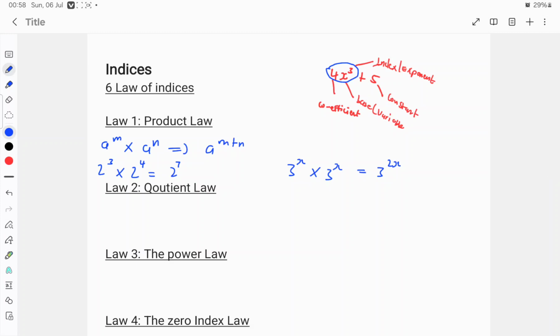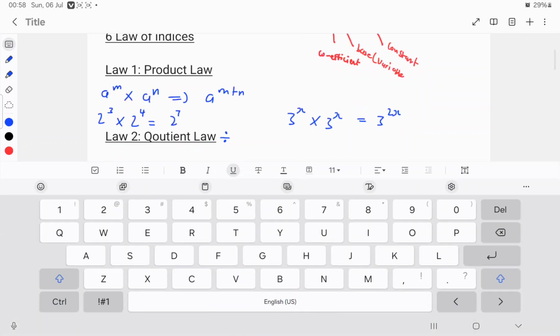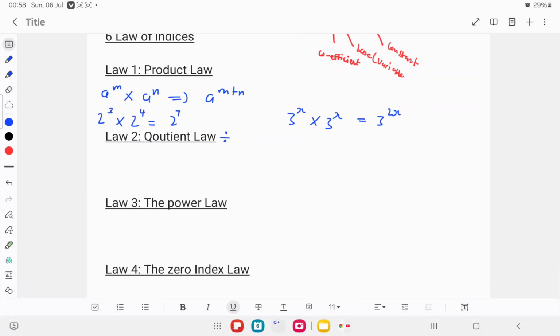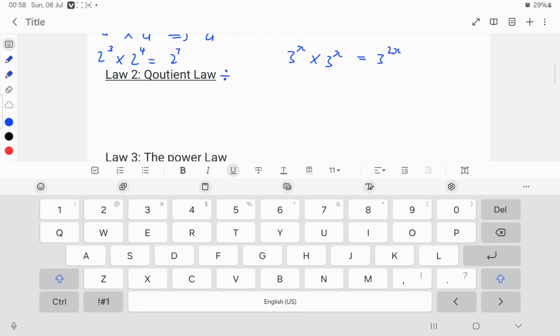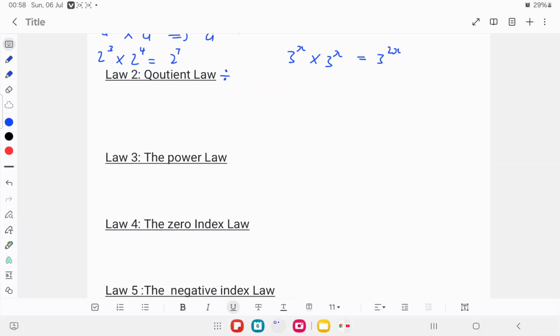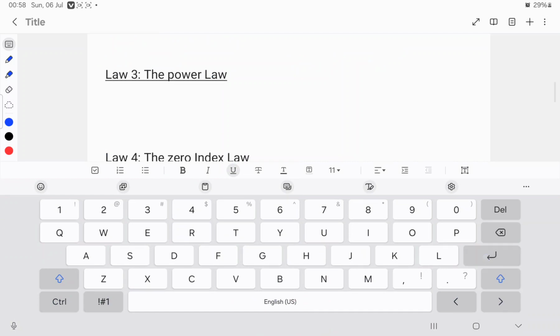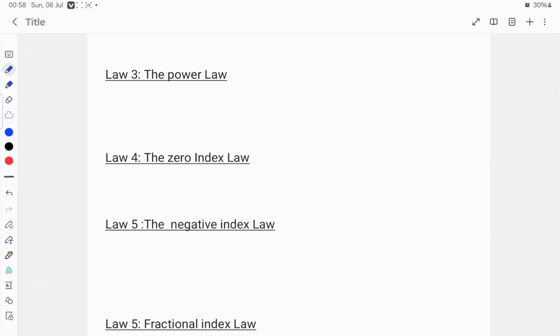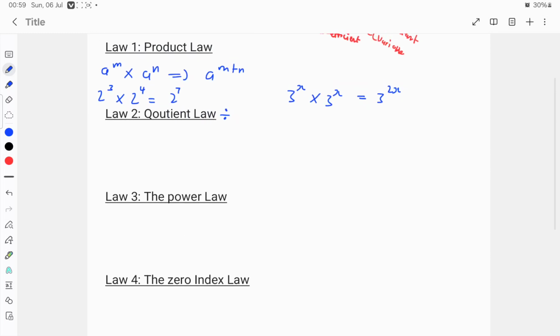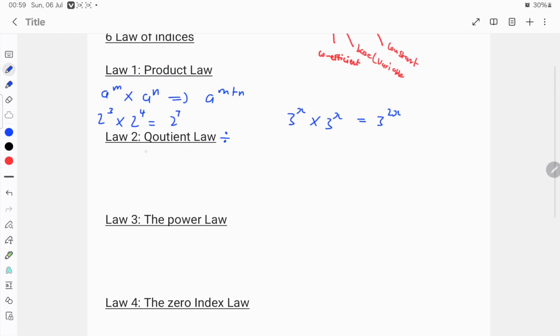The second one is called the quotient law. Quotient means division. It can even be called the dividing law. So how does it go now? It goes like this. We are talking about the division law.